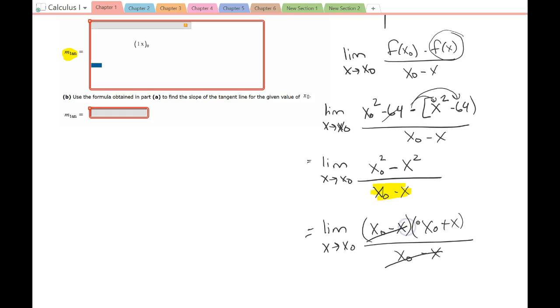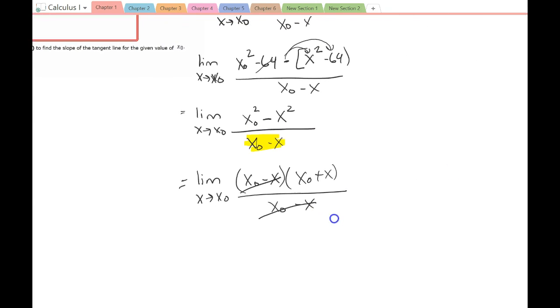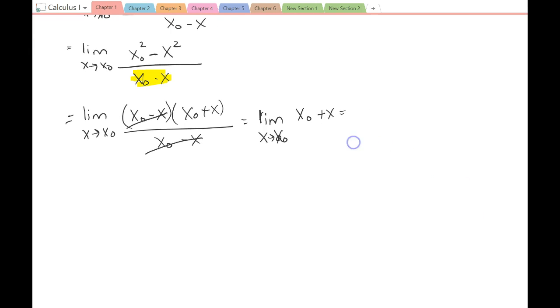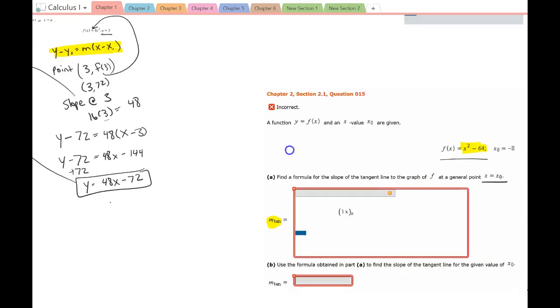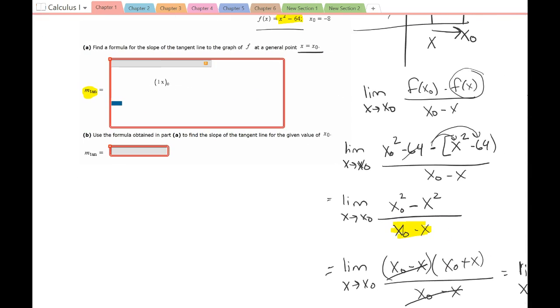The x0 minus x cancels, and I'm left with the limit as x goes to x0 of x0 plus x. All my x's are going to x0, so that gives me x0 plus x0, which gives me 2x0. So that is the slope: 2x0.